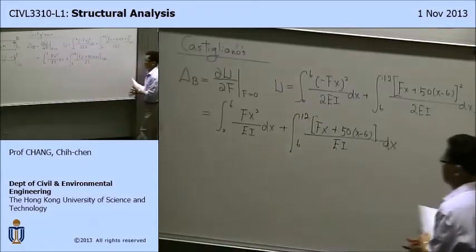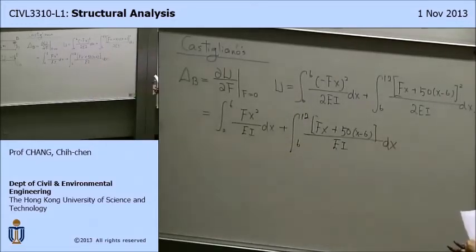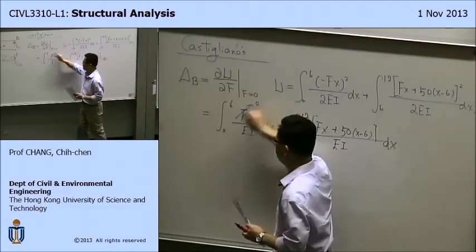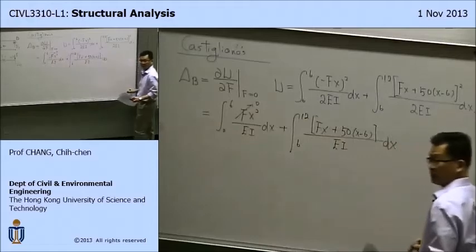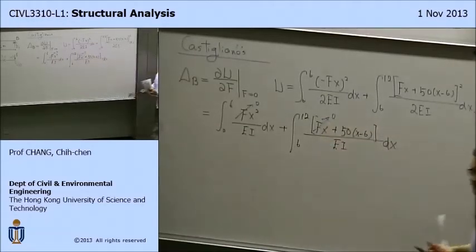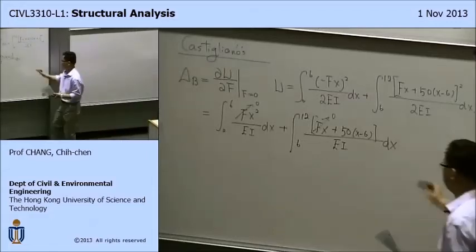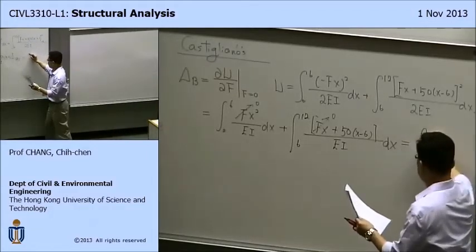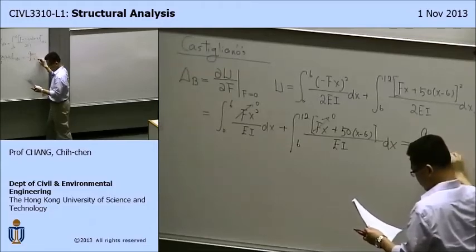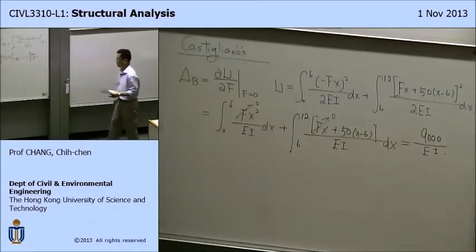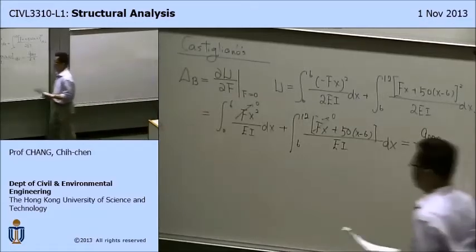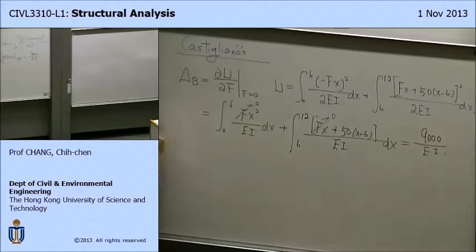Okay, so after taking a derivative, I just substitute F equal to 0, because F is fictitious, imaginary. Then integrate it out. So this is 9,000 over EI. So that's the first analysis. That gives me this value.